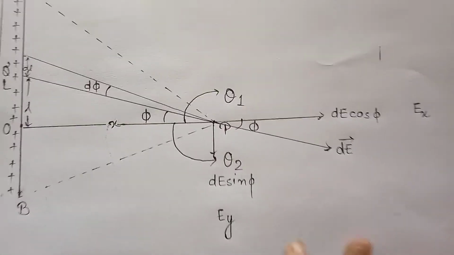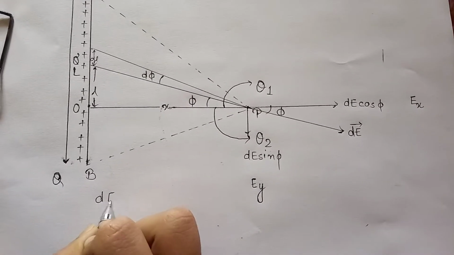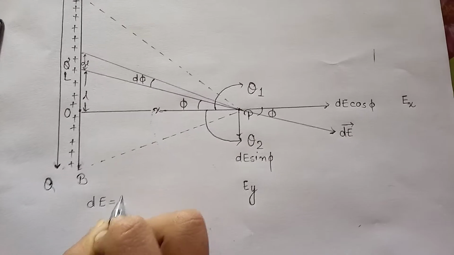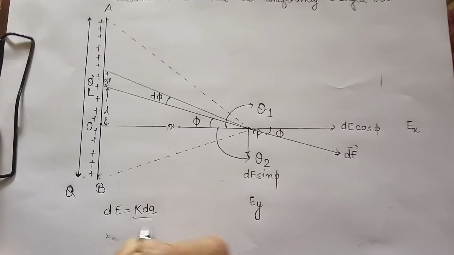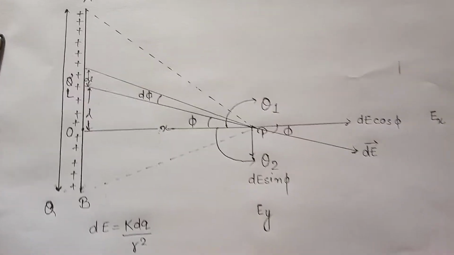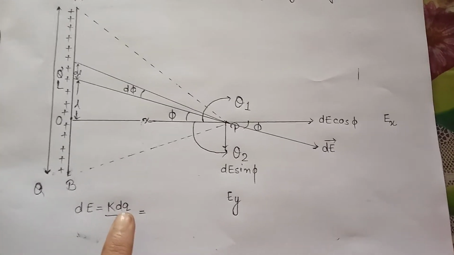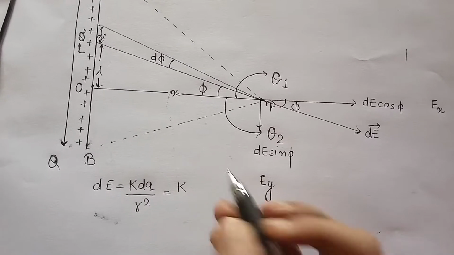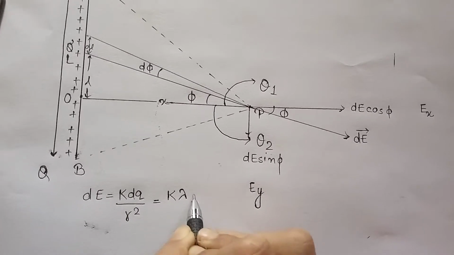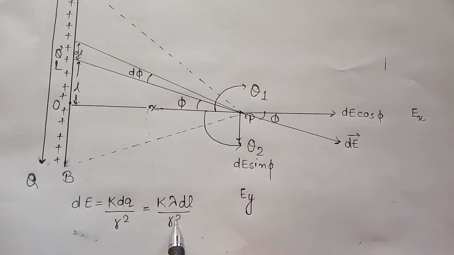So at first let's find out what dE is. dE is equal to k dq upon r square. This is the formula of dE. Now here let's break dq into the multiple of lambda and dl. Why?